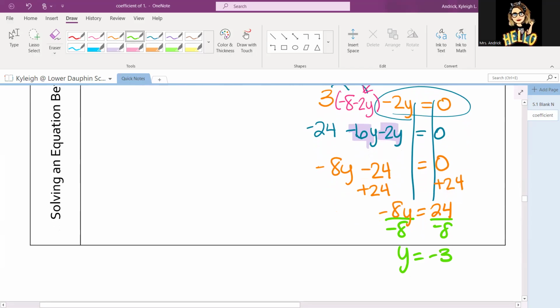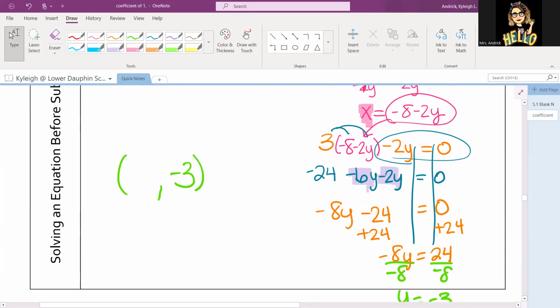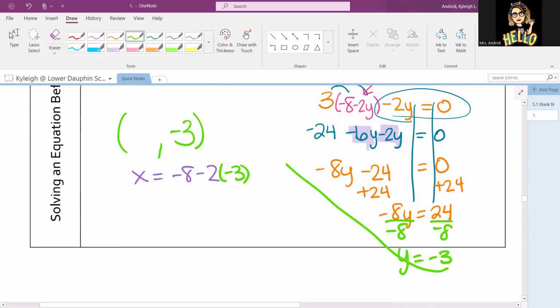Now remember, the answer to a system is an ordered pair. So we have y, we need to go back and find x. Well, we're going to plug -3 in for y into the equation. So my equation was x equals -8 minus 2y. I know that y is -3 because that's what we just said down here, right?